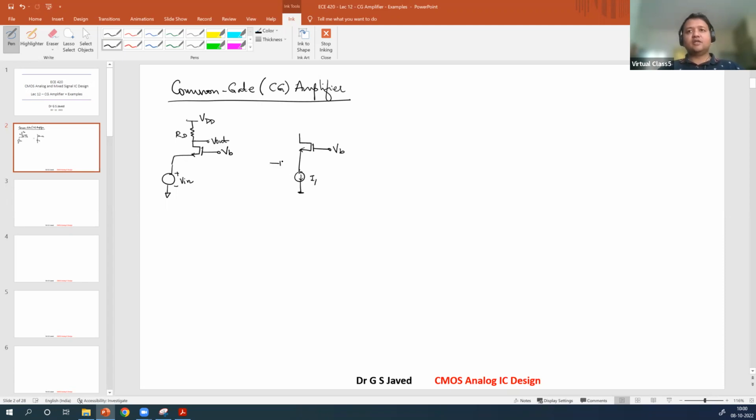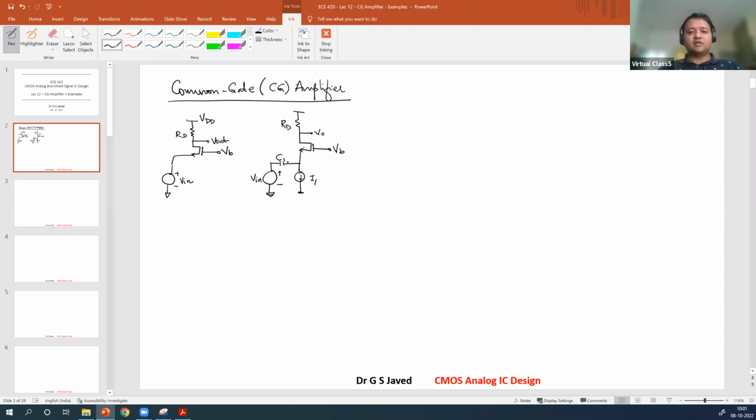Now you have the DC blocking capacitor C1 and the input Vin. This input Vin you give through a DC blocking capacitor at the source to ensure that there is no transfer of DC voltage from the previous stage to the current stage. You have the output Vout taken at the drain, with resistance RD.